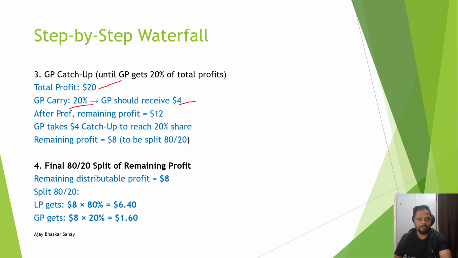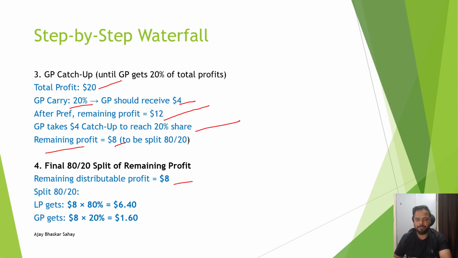After the preferred return the remaining profit was $12, so now the GP takes $4 for catch up to reach the 20% share. The remaining proceeds left are $20 minus $12, so we are left with $8 for the final split.